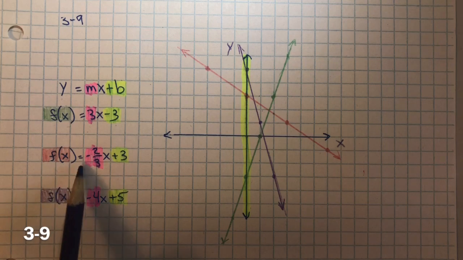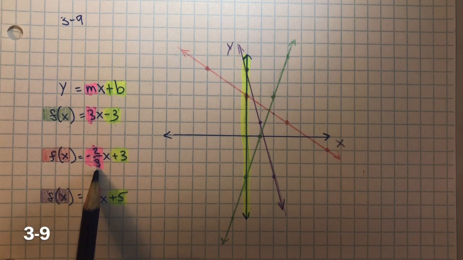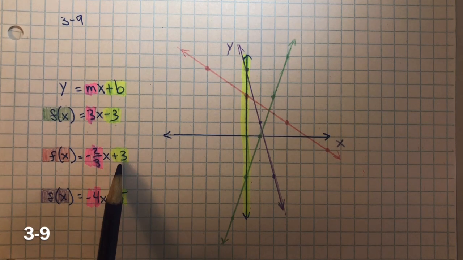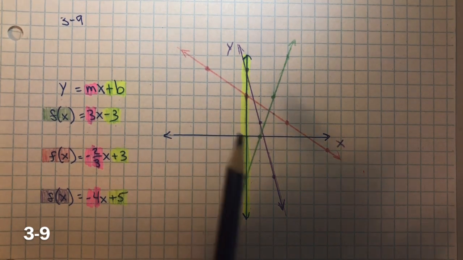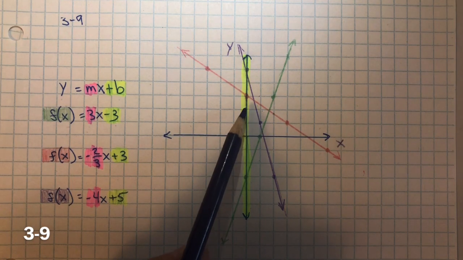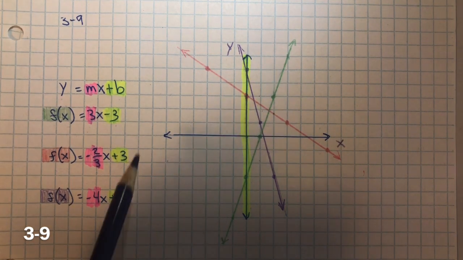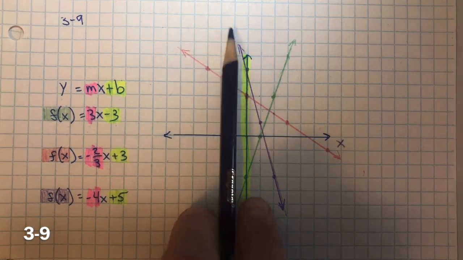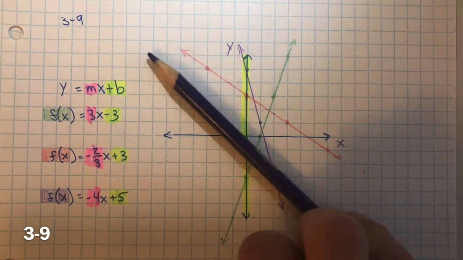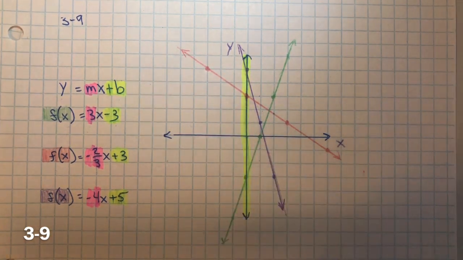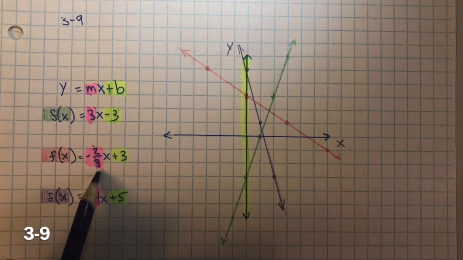This next function has a negative slope or a negative rate of change, and it has its y-intercept, or starts on the y-axis, at +3. So there's our y-intercept, and it has a negative slant or a negative slope of 2/3.